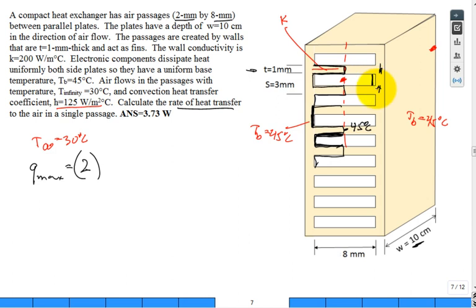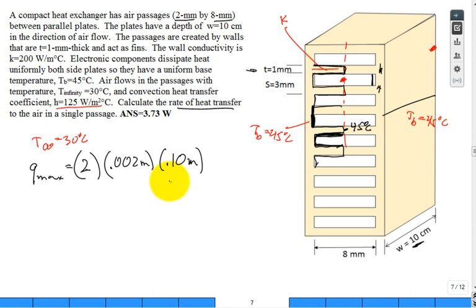What is it again? 2 millimeters? Is it 2 millimeter? Yeah. So 0.002 meters times this 2 millimeter times the width going back 10 centimeters, 0.10 meter.